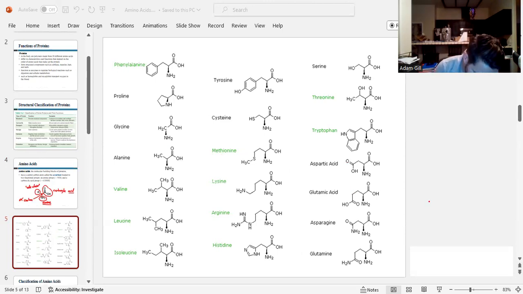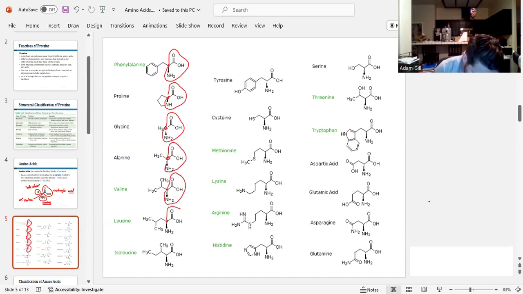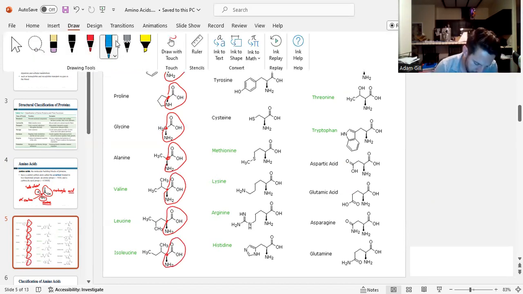And if you look, this is the central alpha carbon on all of these structures. And they have the same core, right? They all have this amino acid core. It's the same thing on every single one. That's what makes it an amino acid, right? It's identical. What changes here are these side chains.